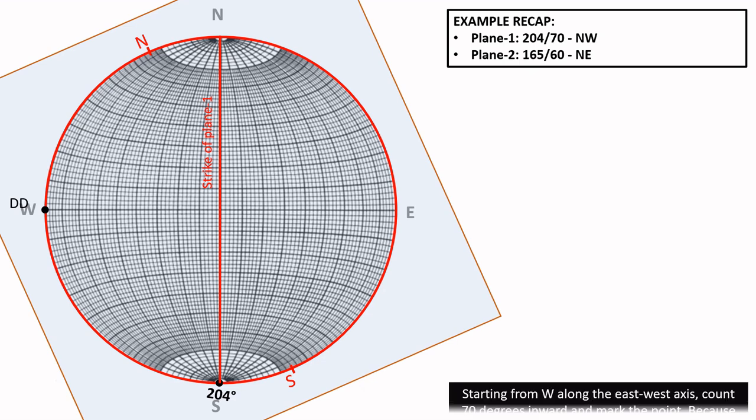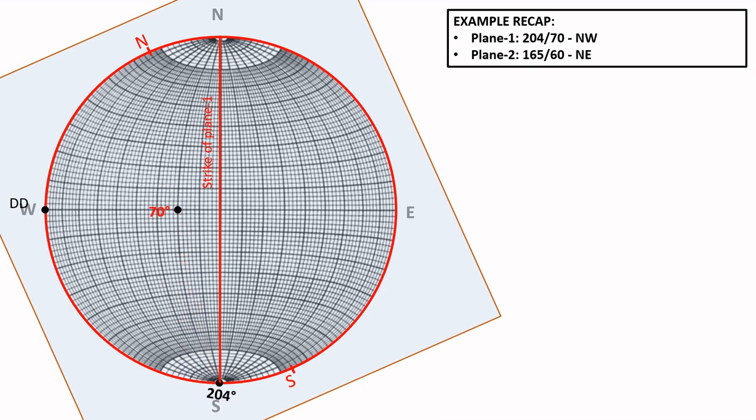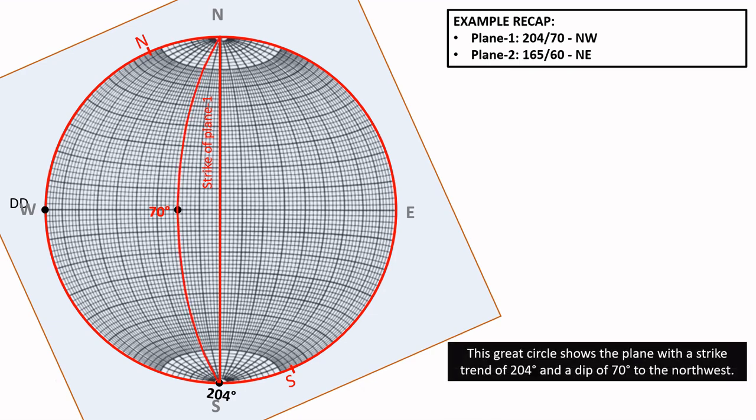Starting from W along the east-west axis, count 70 degrees inward and mark the point, because the plane dips at 70 degrees. Draw the great circle that passes through this point. This great circle shows the plane with the strike trend of 204 degrees and a dip of 70 degrees to the northwest.